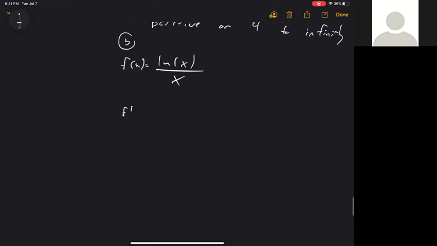It might help to rewrite this as ln of x times x to the negative 1. Now, what's the derivative of f? This is product rule, right? 1 over x times x to the negative 1, plus ln of x times negative x to the negative 2.